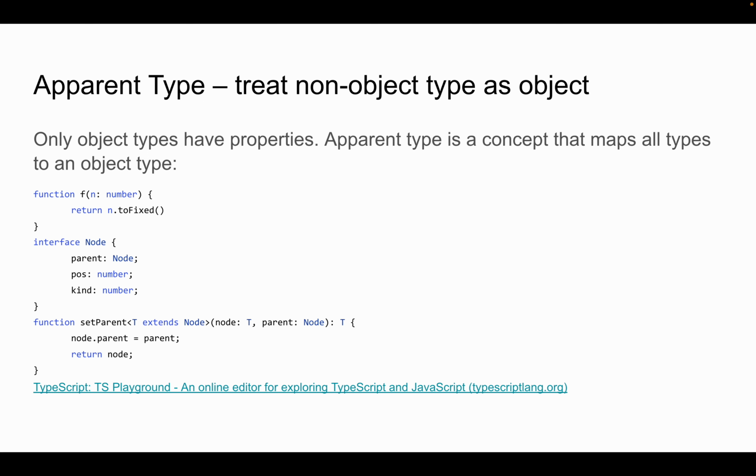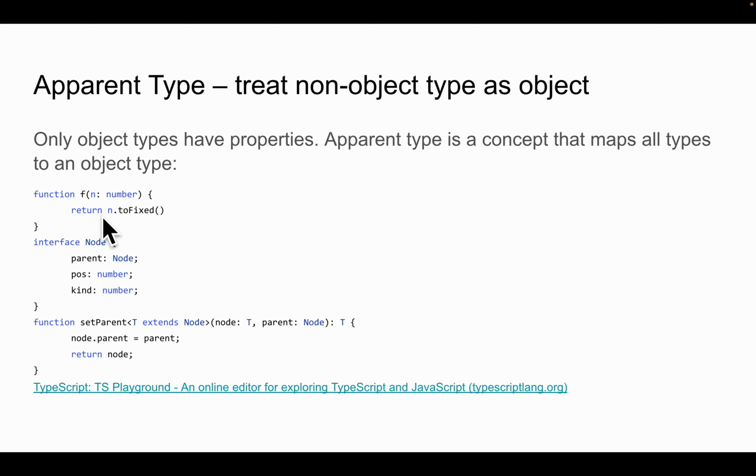But sometimes you'll ask for the properties of something, and if you're working with a primitive type like lowercase number, that doesn't actually have any properties inside the type system. It's just a primitive. And the apparent type is the object type that goes with the primitive type. Obviously, if you have an object type already, then the apparent type is just that type.